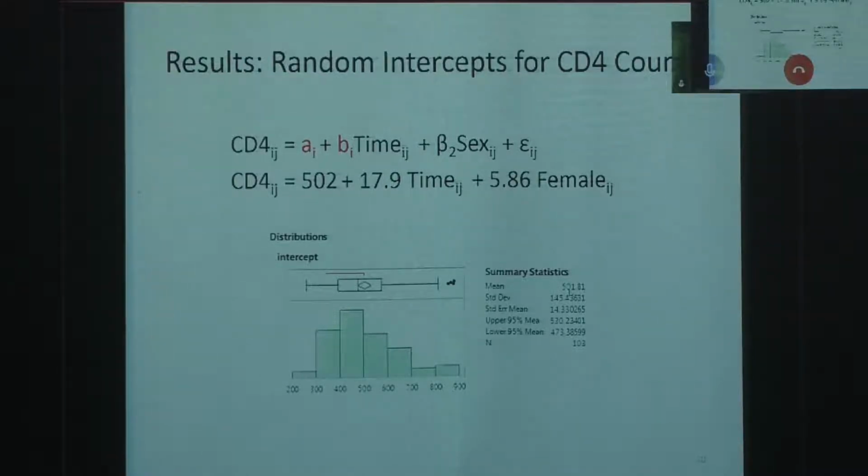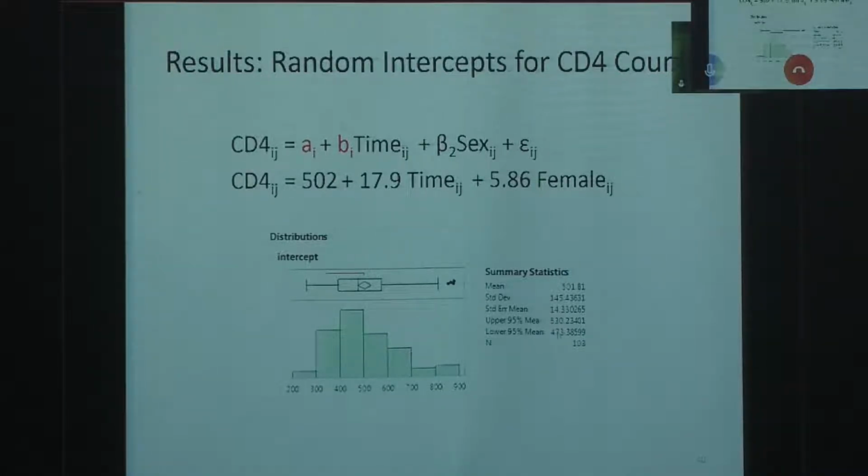The intercepts are centered at 502, which is why the program printed out 502. Some people start with a CD4 count as low as 200. There's many people with 300, 400, 500 as the starting CD4 counts. And some people in this database have a CD4 count at baseline up around 800 to 900.